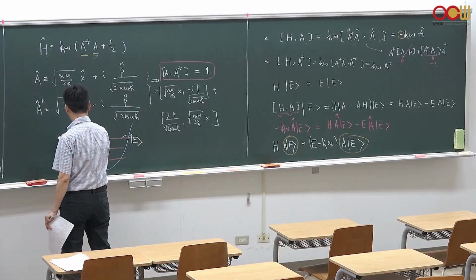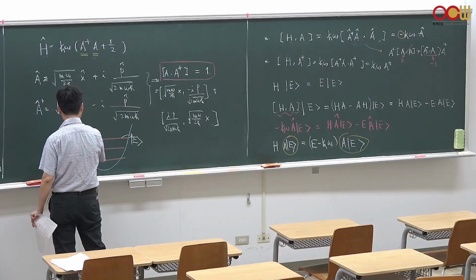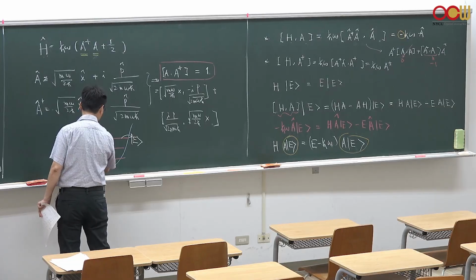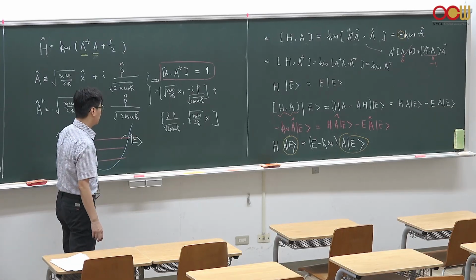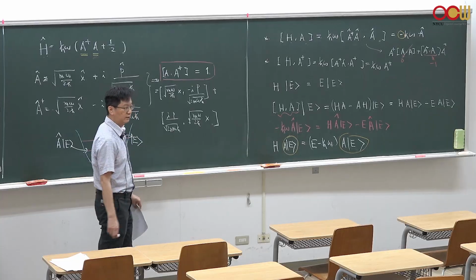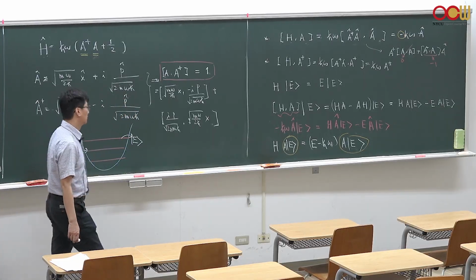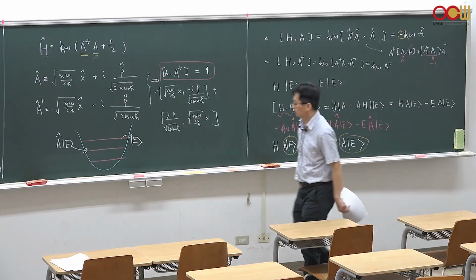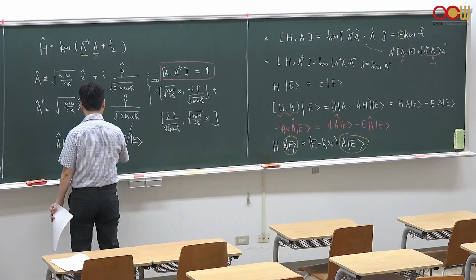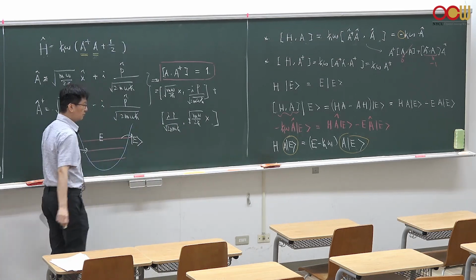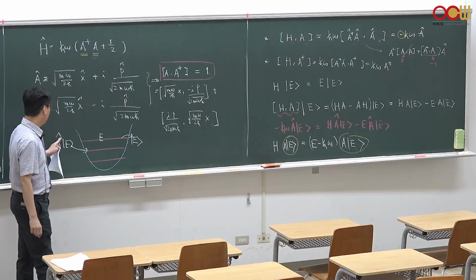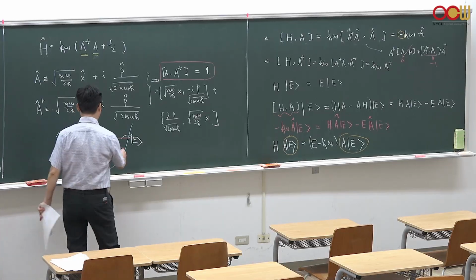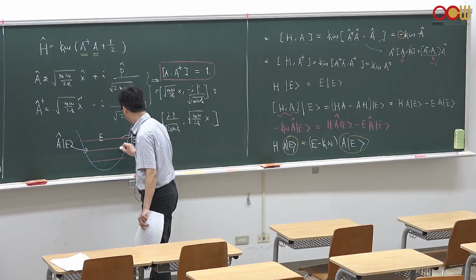Suppose I operate this A onto the state E, what I get is another eigenstate of the Hamiltonian, but with eigenvalue less by 1 H bar omega. So suppose this is eigenvalue E, and if I use this operator A acting on this E, I get the lower eigenstate by one floor, which is this one.